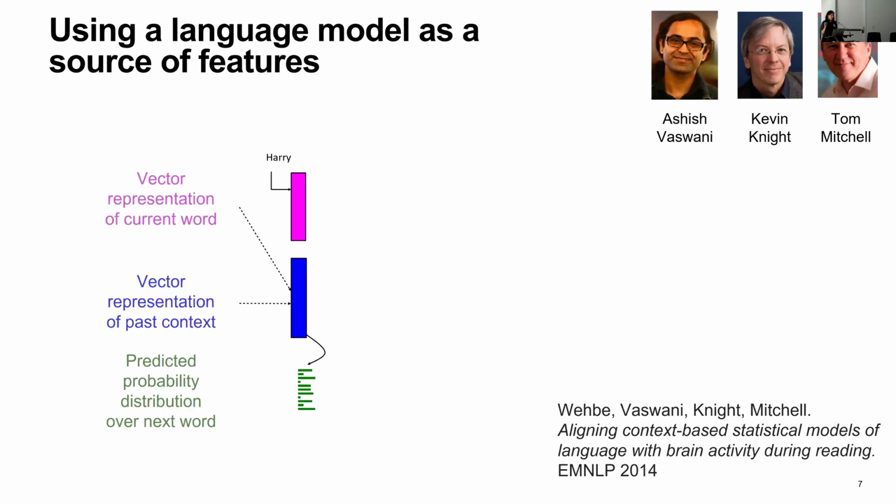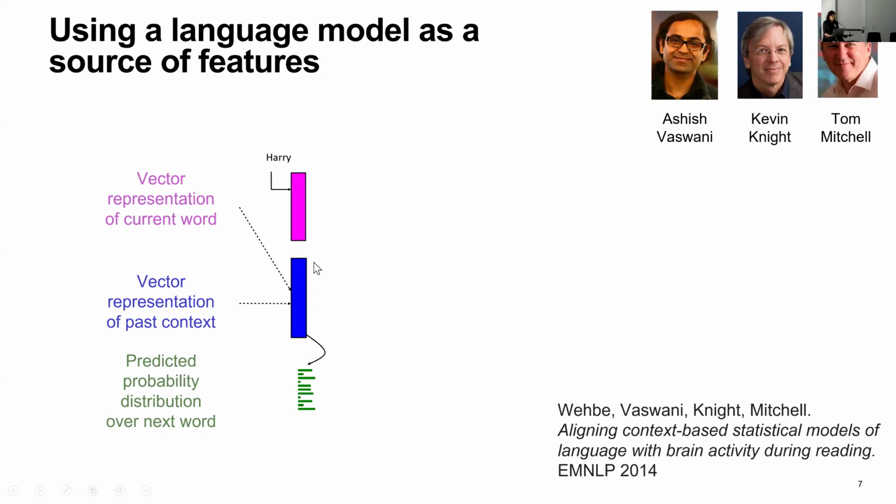So we used a very simple model. This was a recurrent neural network. It had three main components. The first one is just the non-contextualized representation of a given word outside of context. The second one is a representation of the context of this word, so everything that appeared before this word.